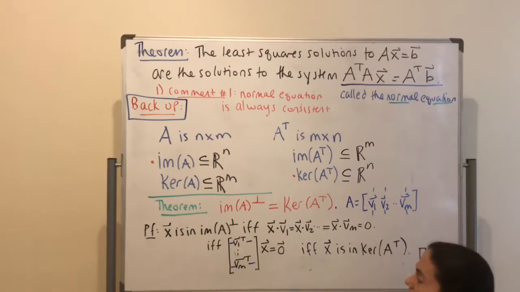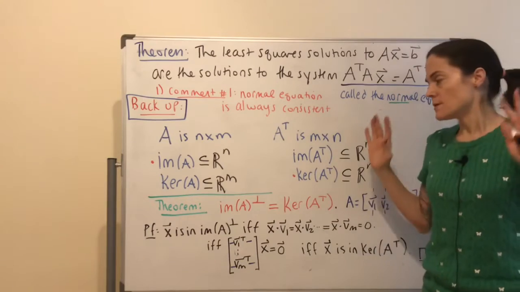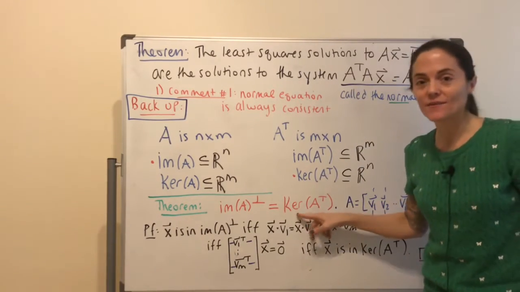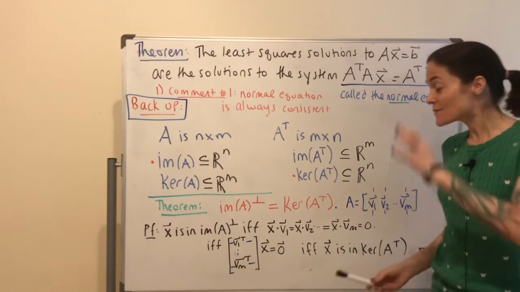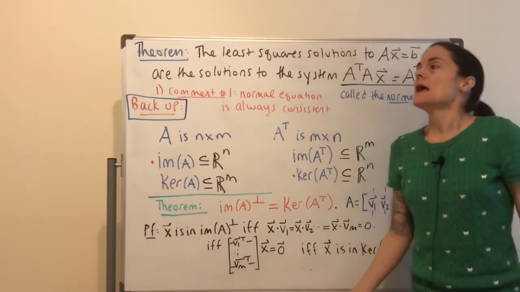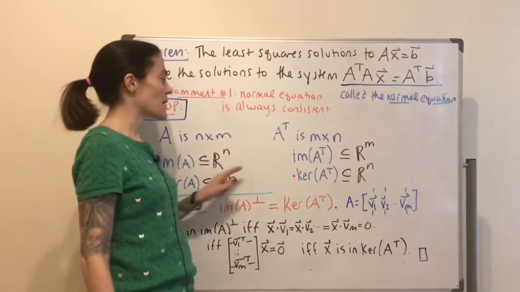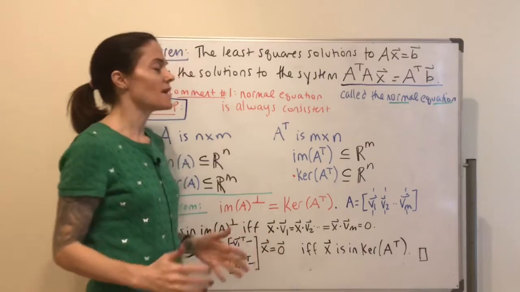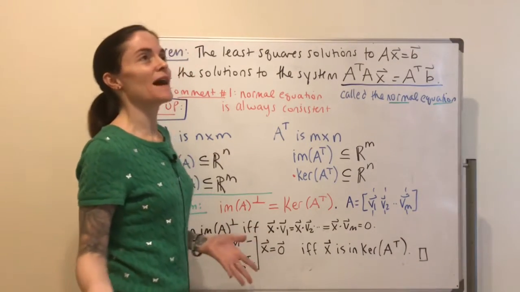These were all if and only ifs. And so it shows that the orthogonal complement of the image of A is equal to the kernel of A transpose. I have taught this course from other textbooks than ours, and some other textbooks will call these the four subspaces of a matrix and spend a lot of time talking about that because it's a really fundamental thing to linear algebra.